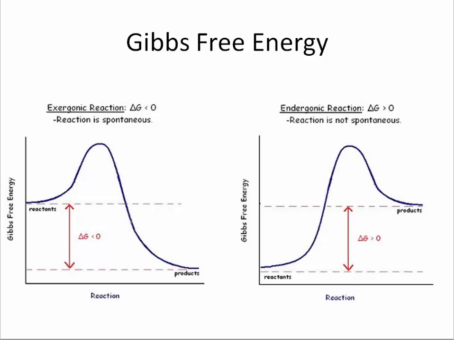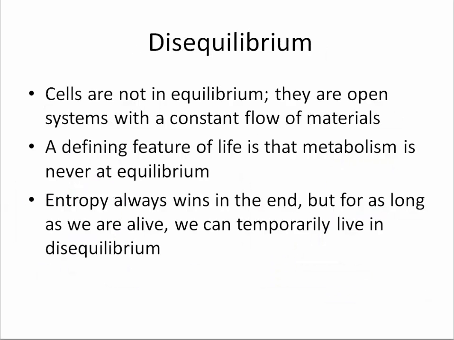But on the right-hand side, what you see is a funny looking graph where the reactants are all the way down below the dashed line, and there's a tremendous amount of activation energy needed for the reaction to start, and then products can be formed. So Gibbs free energy is greater than 0, so the reaction cannot be spontaneous, and it needs an influx of energy to get it going.